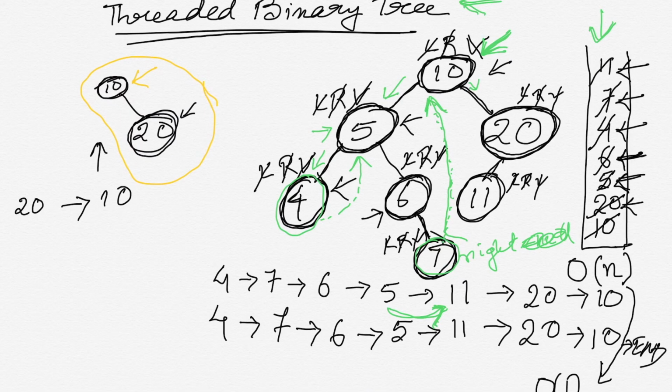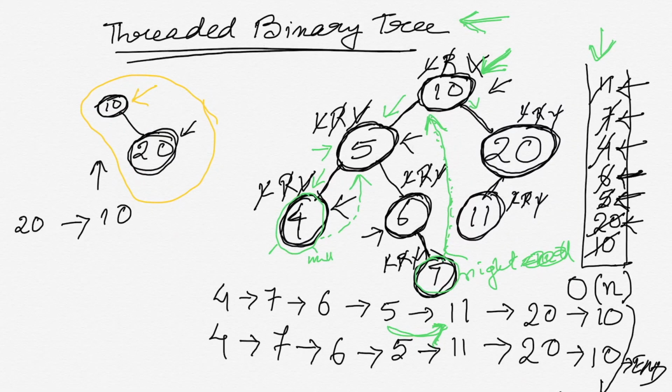So for 4 we see that there is no left child, so we move on to its right child, and we have already modified its right child to point to the successor node. So we go to 5, and now we go to its right child. So we go to 6, we see that it has left child as null.